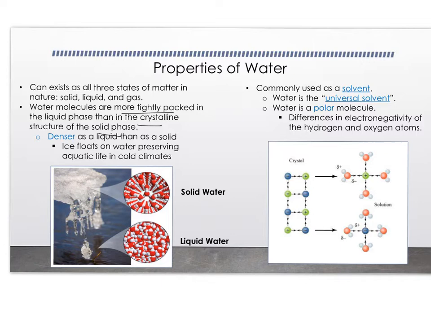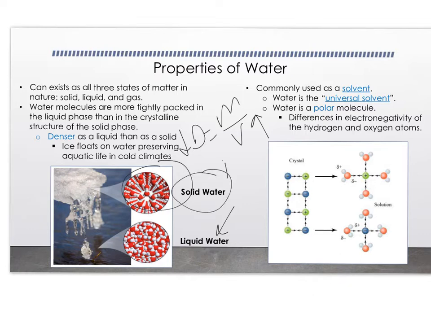So what happens is when liquid water freezes, they orient themselves so that there's much spacing between those atoms due to the hydrogen bonding. And if we look at our density equation, the more space means the higher volume. The higher the volume, the lower the density. Hence, our solid water or ice has a lower density than our liquid water.